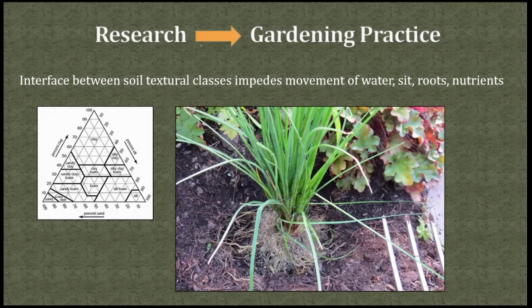The container media is one type. The native soil would be one type. And if you have a habit of amending the backfill soil, that's another type. So it would be a poor planting practice if we create interface when we plant.